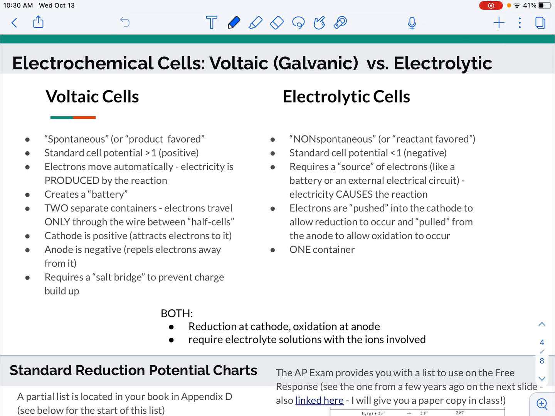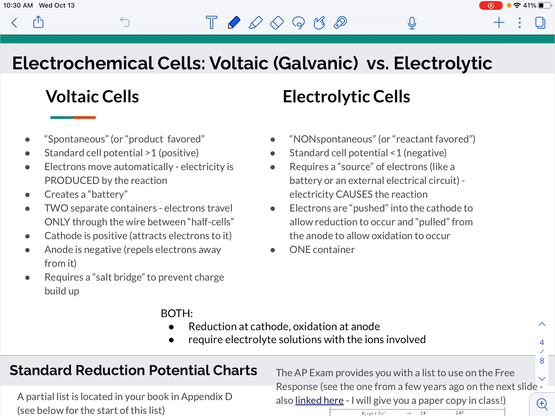Electrolytic cells, however, require a source of electrons. So something has to be plugged into a battery, or into an electrical circuit like the outlet in the wall, and then the electricity causes the reaction to occur. So big difference: in voltaic cells the reaction produces electricity, and in electrolytic cells electricity is causing the reaction. So the electrons are basically pushed in electrolytic cells or attracted in voltaic cells.